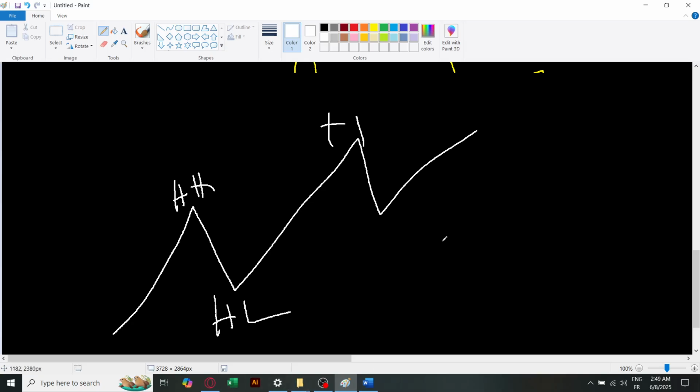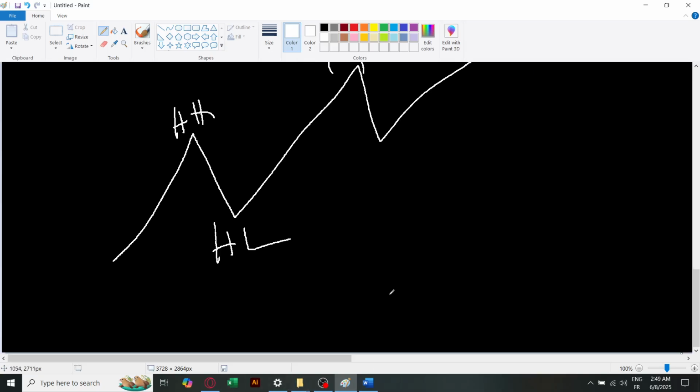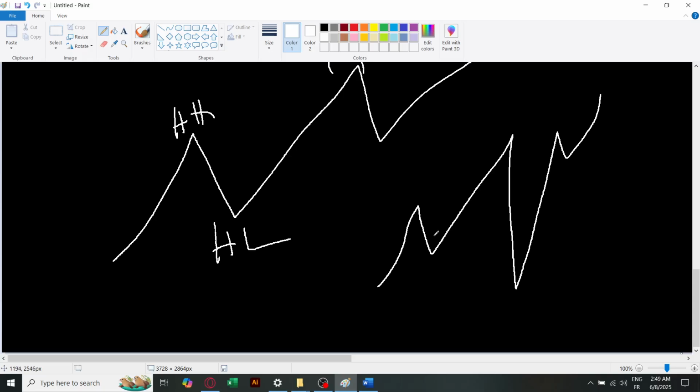But this doesn't always work because some people, let's say price is going this way, and some people think when price is coming to break through this, then price will eventually go like this. So there is a bearish market, but no.